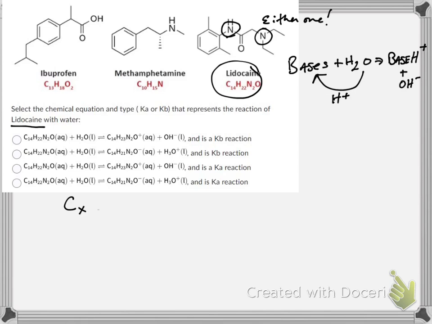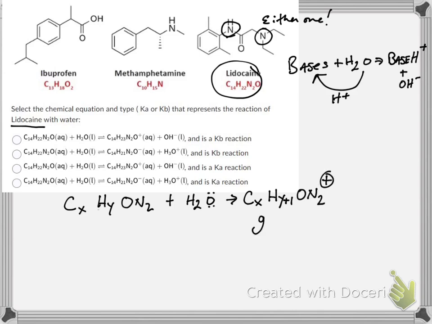If we look at the generic reaction, CxHyOZ N2 or N2 plus water, we would take on a hydrogen, so we get H+, and an overall charge of +1, and then so we gain the H+, and water lost an H+ and becomes hydroxide ion, negatively charged.